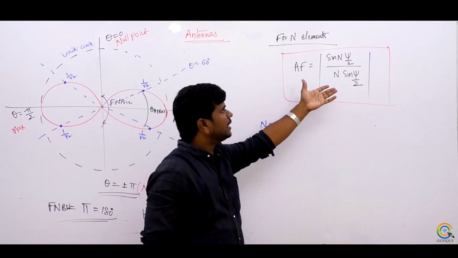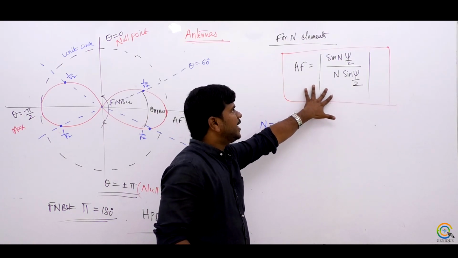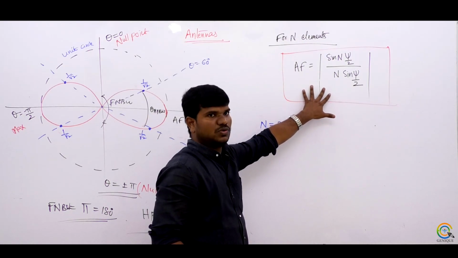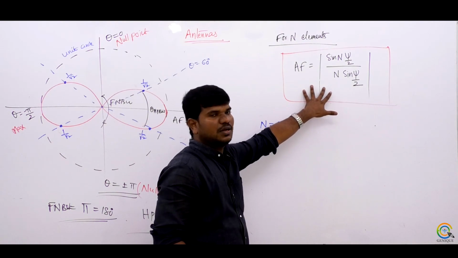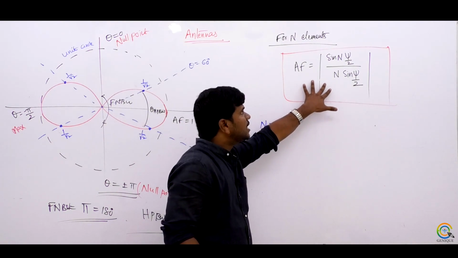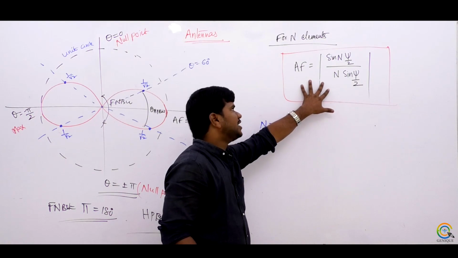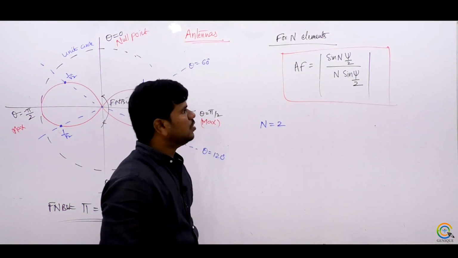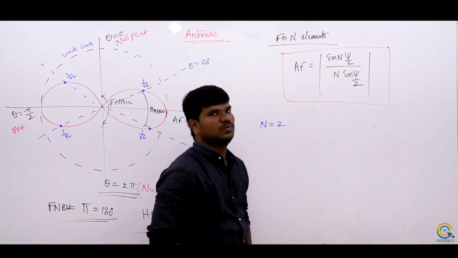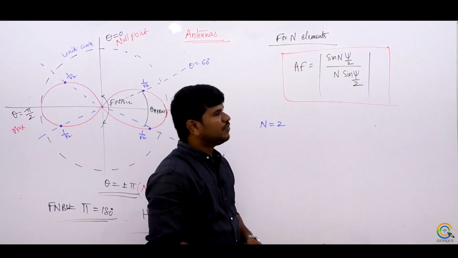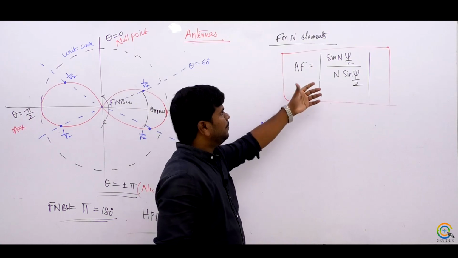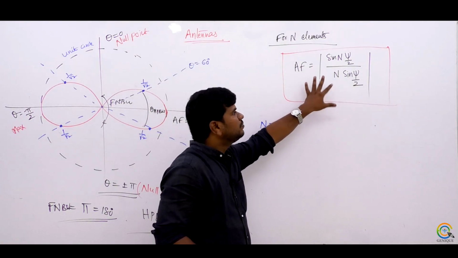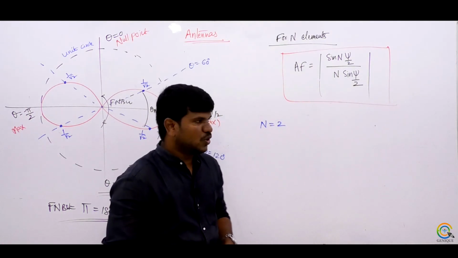We cannot directly find the radiation pattern for n equals 3, 4, 5 elements. So that's why I did not take such a radiation pattern as an example. I took only n equals 2, because the representation of the radiation pattern becomes difficult to show.